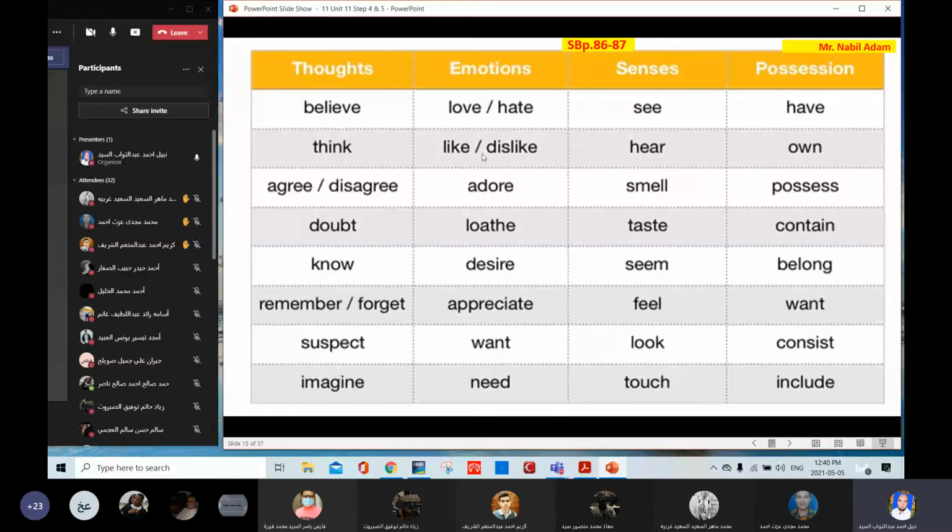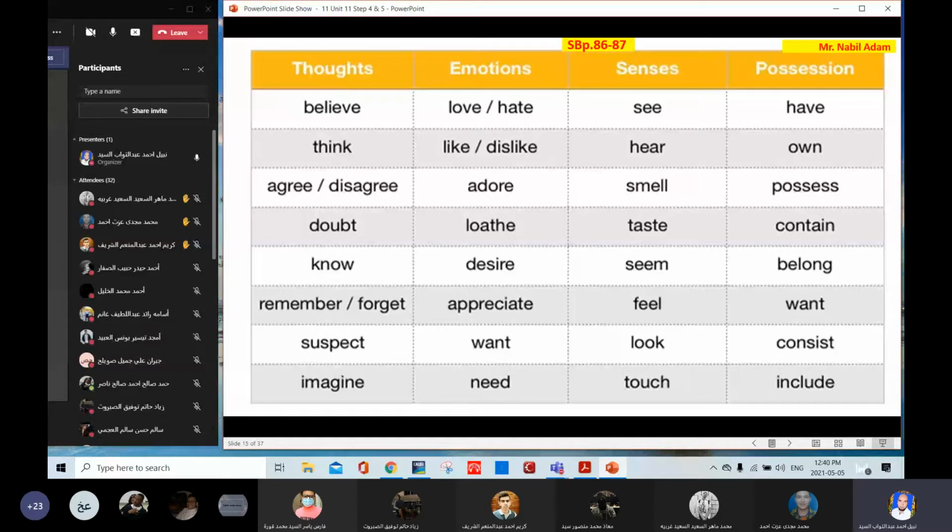Verbs of sense, أفعال الحواس, see, hear, smell, taste, feel, look, touch. Look here means يبدو, not ينظر. Look and see are verbs of sense. We don't use them in the continuous tense. Verbs of possession, أفعال الامتلاك: have, own, possess, contain, belong, consist, include. All these verbs are examples of stative verbs.